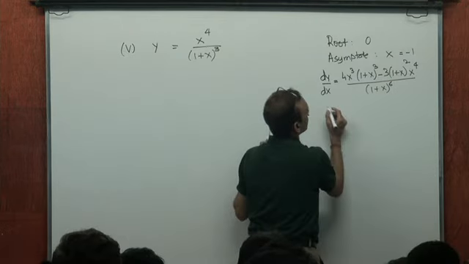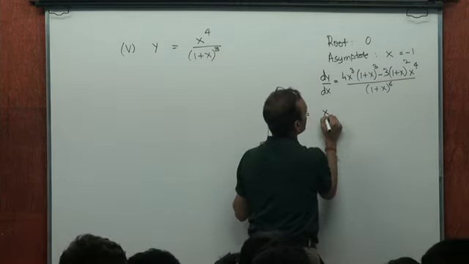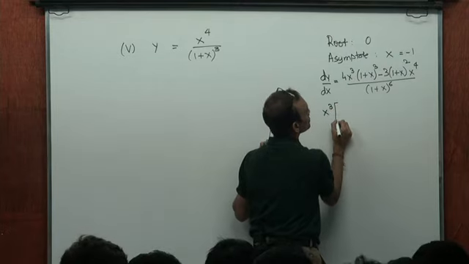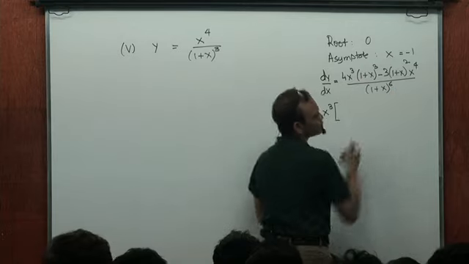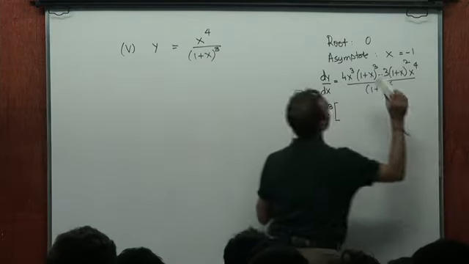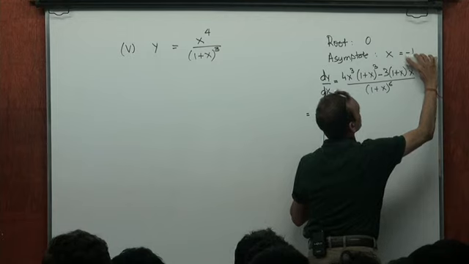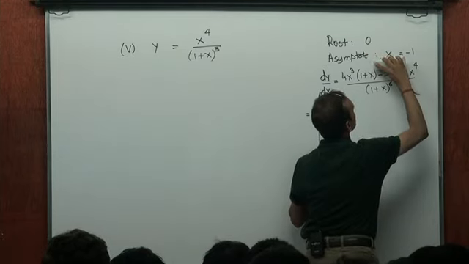So, I could take x cubed common from this, and (1 plus x) whole squared could be cancelled from numerator and denominator.